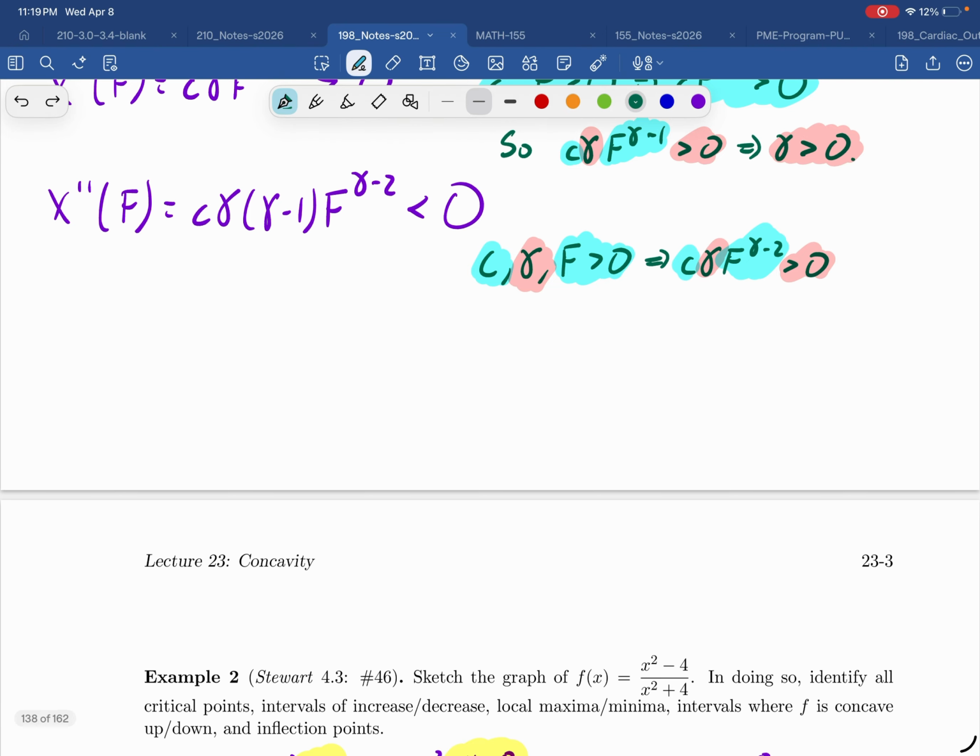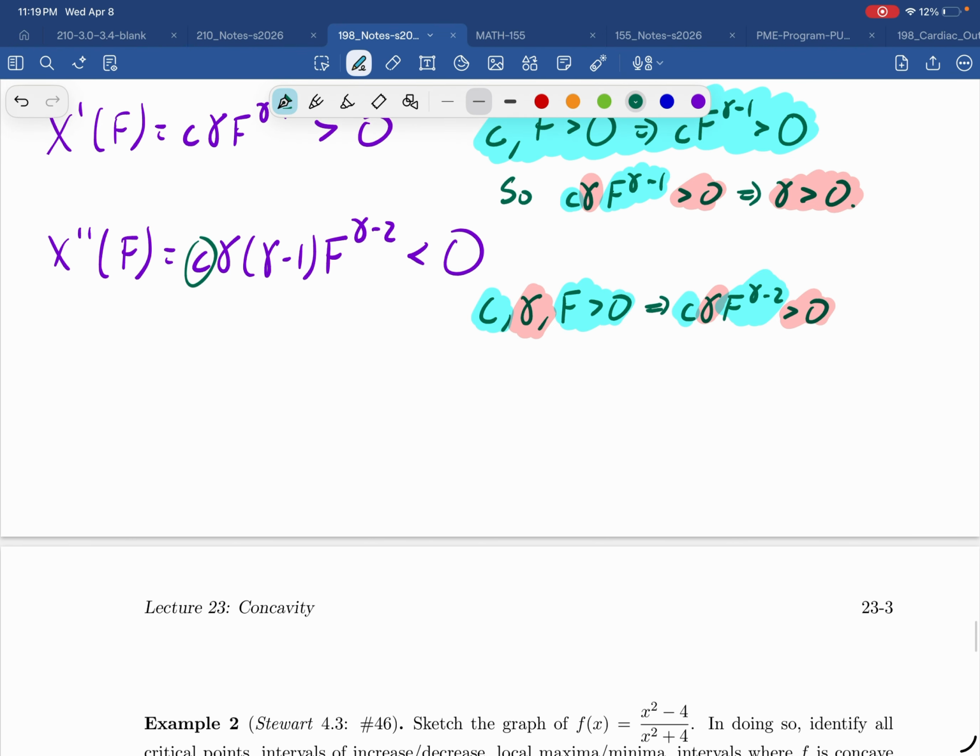So if we know that this guy is greater than 0, this is greater than 0, and we want this to be less than 0, then we need gamma minus 1 to be less than 0.